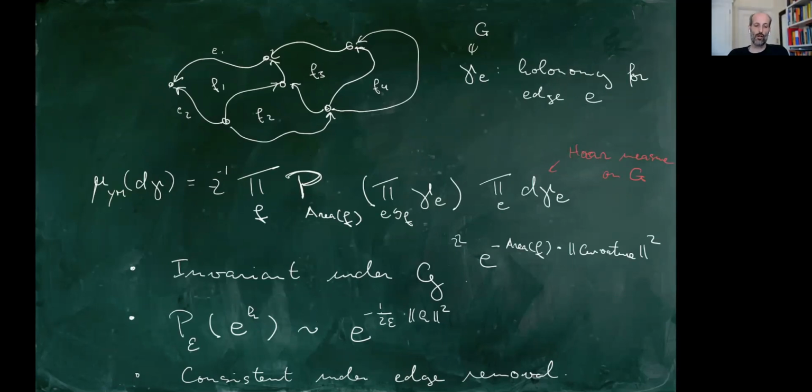So our conjecture, the natural conjecture, is that the evolution that we construct in 2D has an invariant measure which, if you project onto Wilson loop observables or onto these holonomies, coincides with the measure that was defined here.